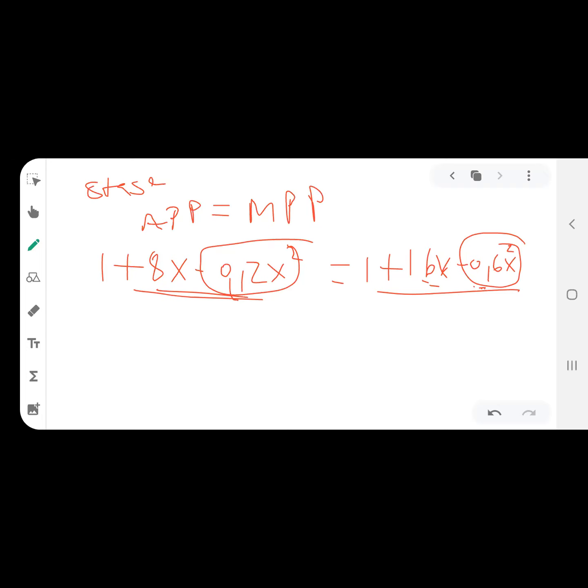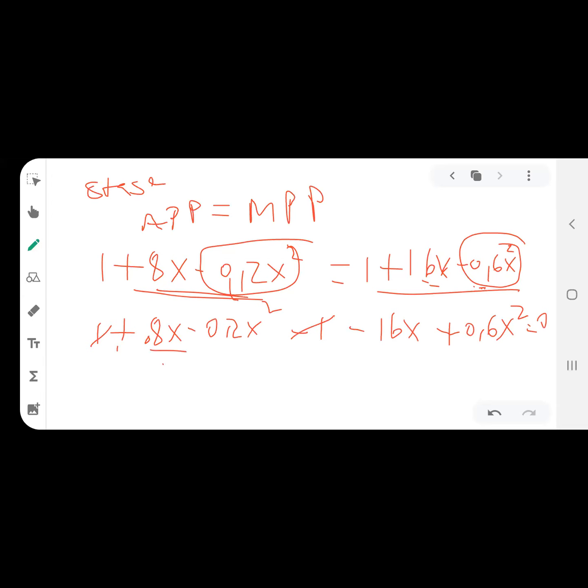So let's say 1 plus 8x minus 0.2x squared. We are taking that whole expression to this side. We'll have minus 1 and then minus 16x plus 0.6x squared equals 0. So 1 and negative 1 will give us 0, right?